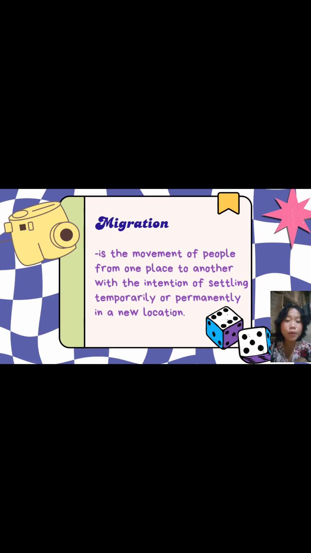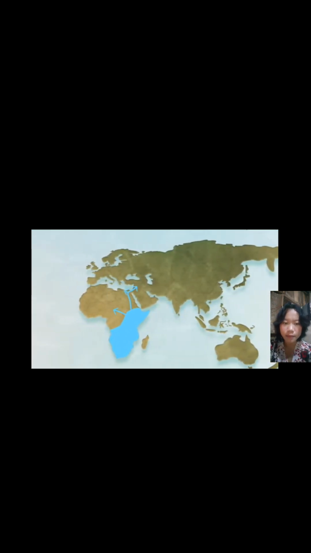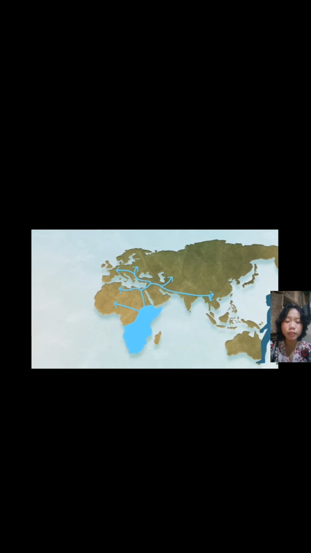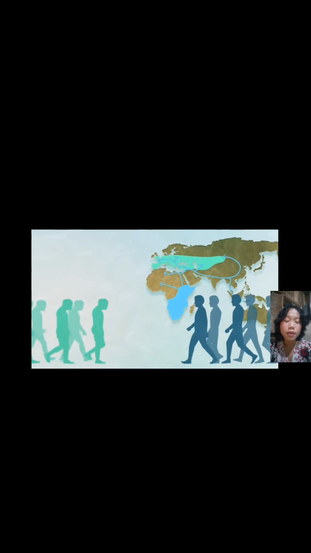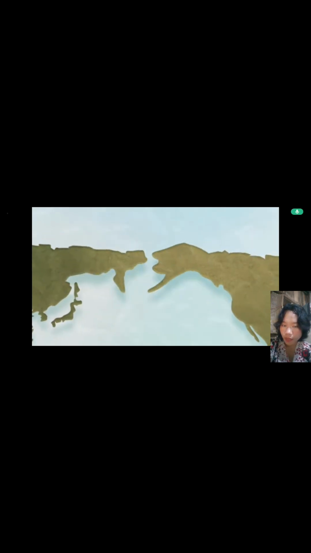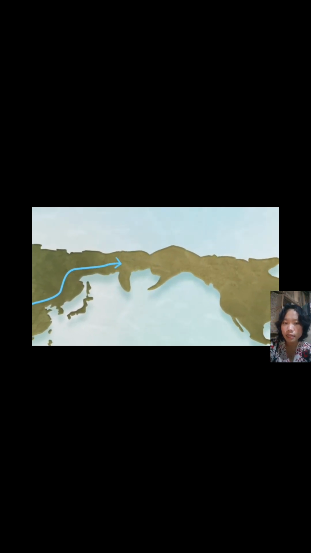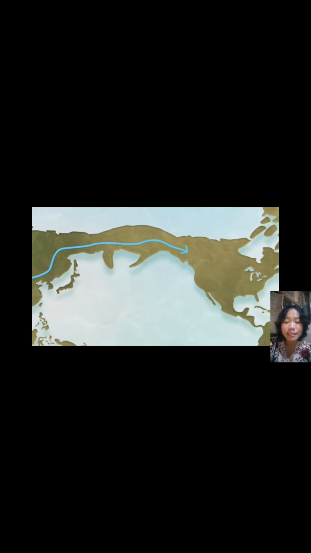So, the key words for migration are the movement of people from one place to another. Just remember that. No matter what their intentions are for moving, whether they will settle there temporarily or permanently, that is migration. Okay?